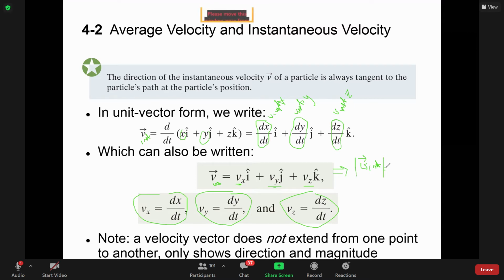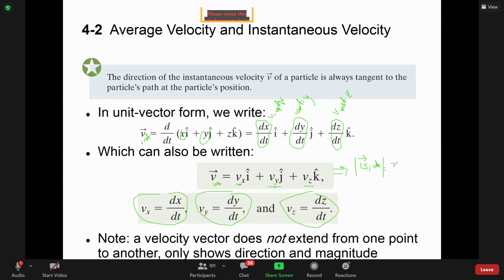Instantaneous velocity and instantaneous speed are brothers. If I take the magnitude of instantaneous velocity, I get instantaneous speed. So if I ask you, what is the magnitude of this V instantaneous?